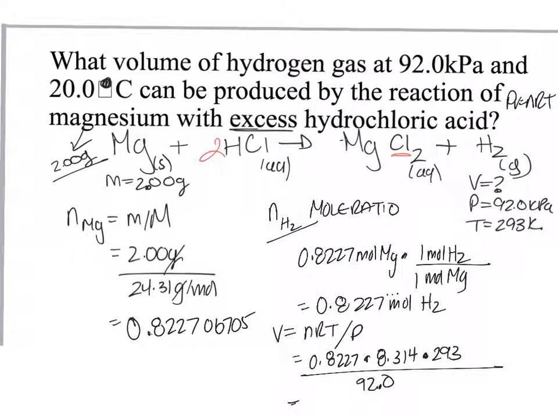Take the number on our calculator, times it by 8.314, times it by 293, divided by 92. Gives me 2.17 liters. Oh, 28, which is a lot of hydrogen gas.